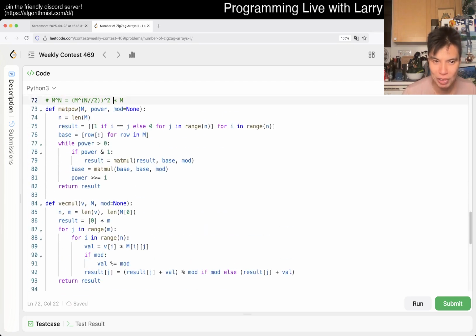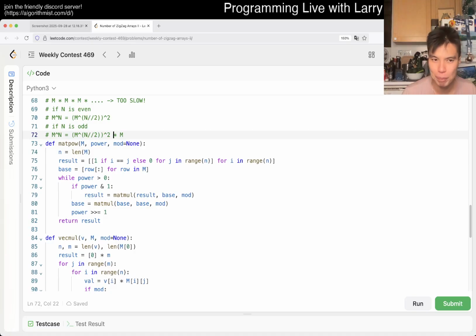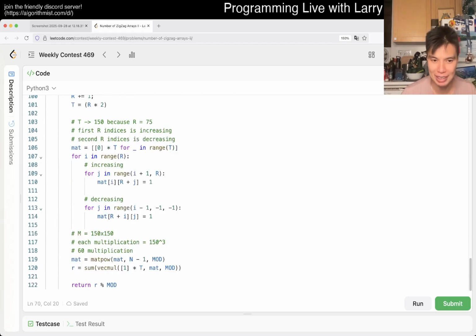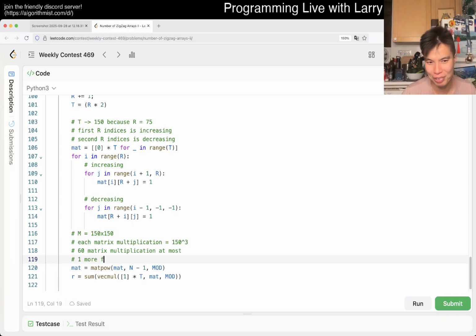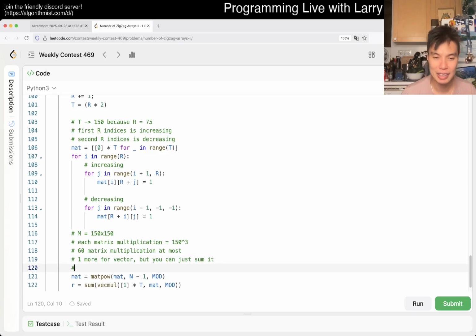So you have at most 2 matrix multiplications per round. You have 30 rounds, so that means it's 60 matrix multiplications at most. Let's make that clear. Maybe one more for the vector, but you can just sum it, right? And so as a result, that is just 60 times 150 cubed.